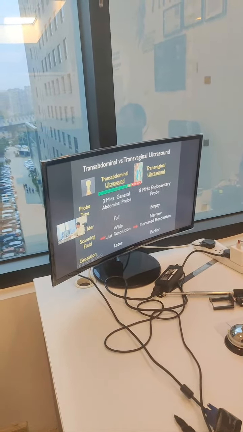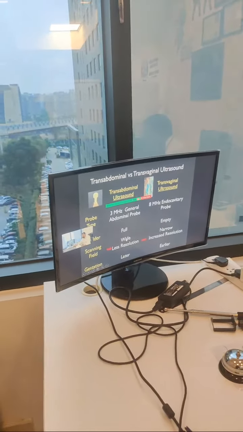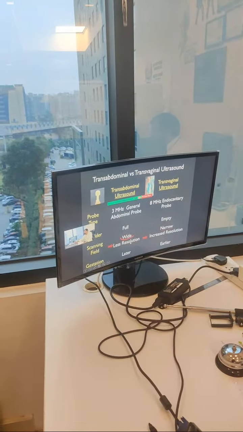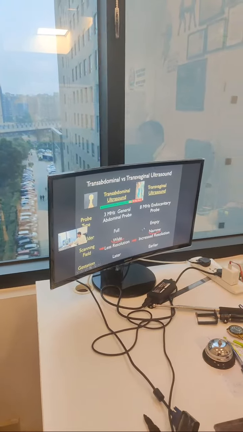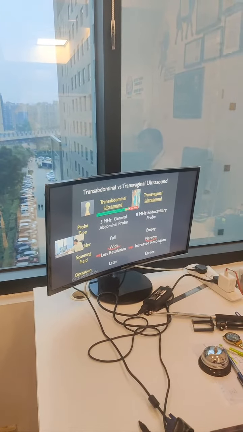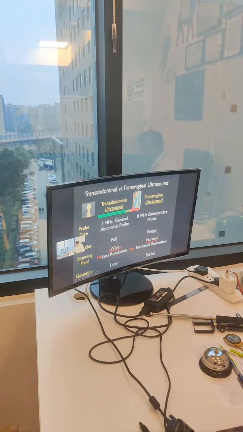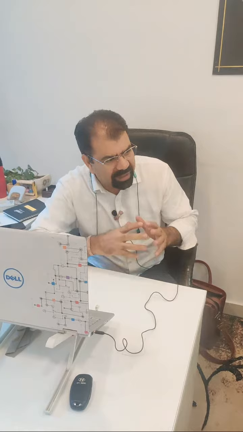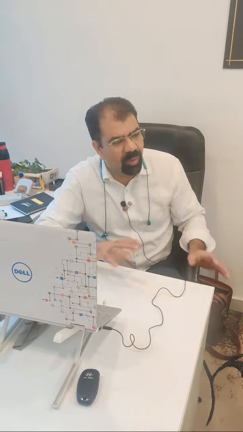Whereas in a transvaginal ultrasound, we have an increased resolution, but the scanning field is very narrow. So at times we choose a narrow field, but at times we need a wide field, so we have to see which one we need.